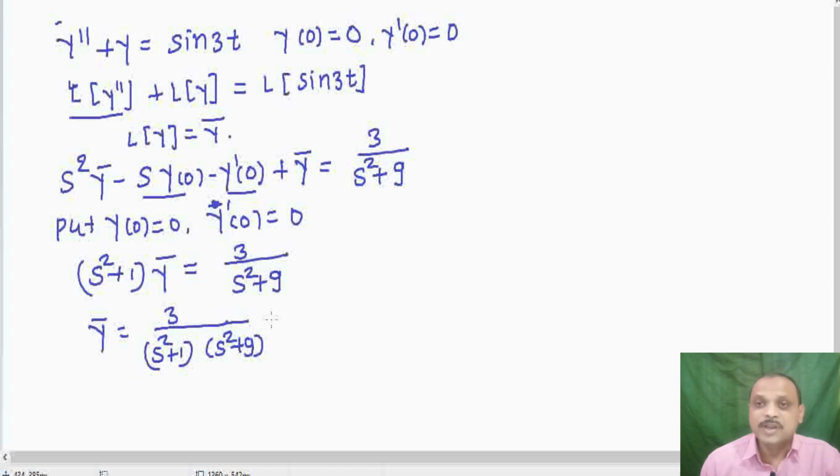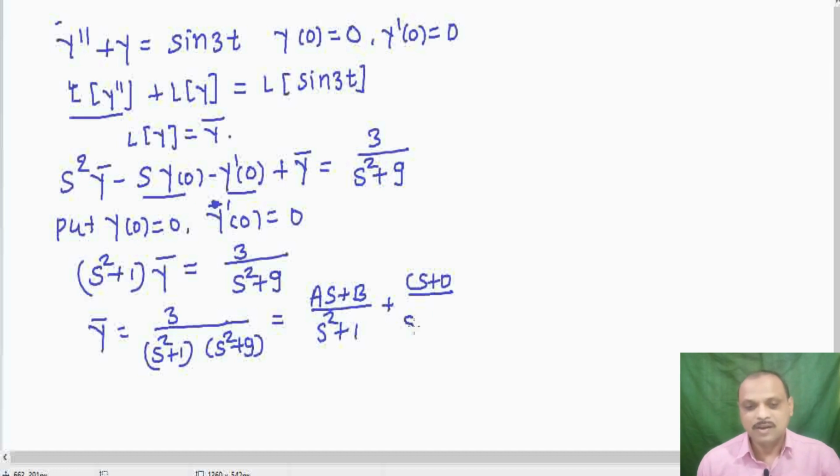Now let us apply the method of partial fraction. What is a partial fraction? Whenever there is a term, we write it as as plus b divided by s square plus 1, plus cs plus d divided by s square plus 9.